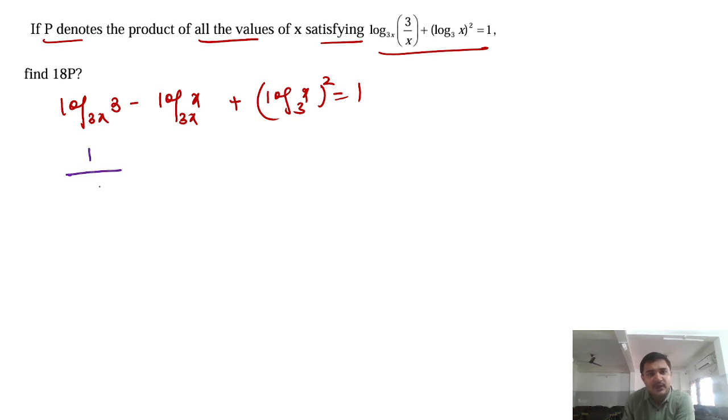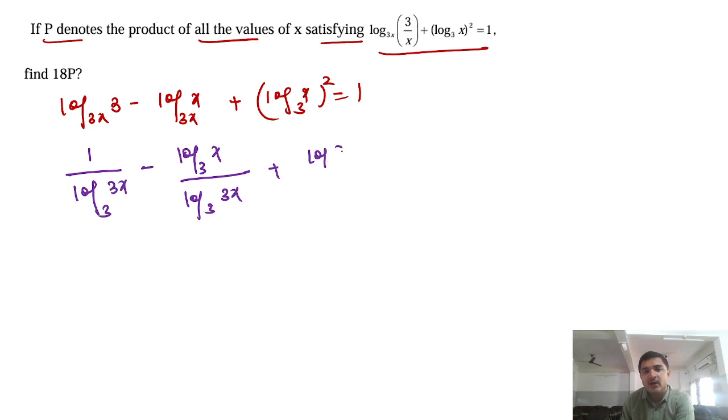We can write it as 1 by reciprocal property if I'm applying. What I'll be getting, everyone? Yes, log of 3x base 3 minus, here if I'm applying the reciprocal property, or else let's say log x by log 3x base 3, plus log of x base 3 whole square. Why I'm doing so?